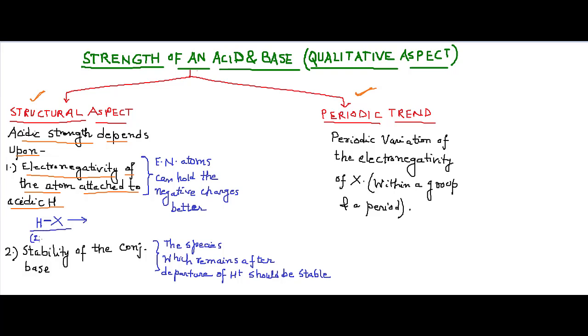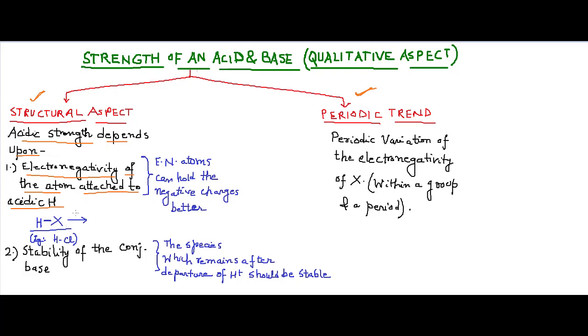Let me give you a clear example so that you can understand better. A very simple example is HCl. Let us imagine HCl. So here Cl is X, or X is Cl.